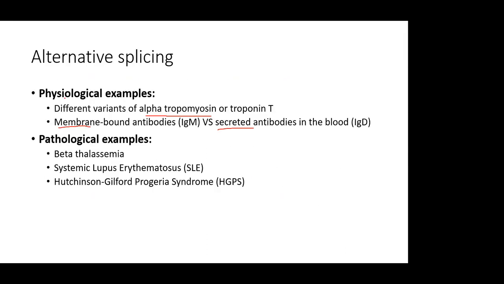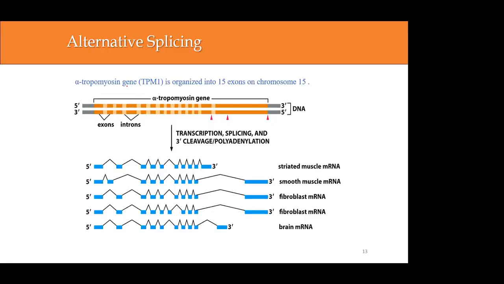So let's start with the physiological: the alpha tropomyosin, and then the membrane-bound antibodies. As a result of alternative splicing, you have the alpha tropomyosin gene. Usually there are 1 to 4 genes: alpha tropomyosin 1, 2, 3, and 4. The first one, tropomyosin 1, usually has 15 exons and is on chromosome 15.